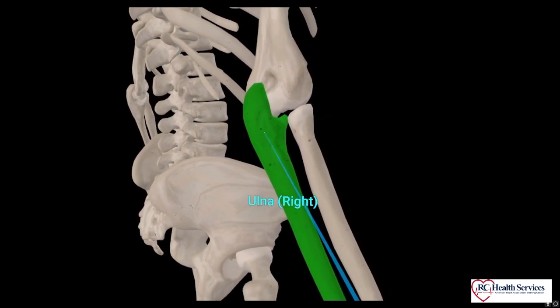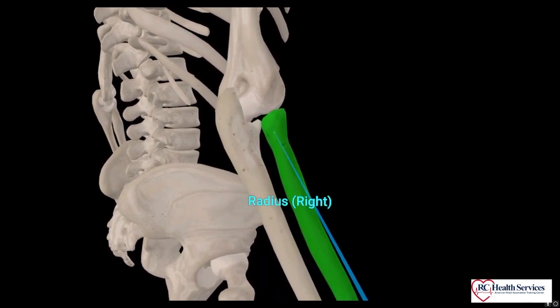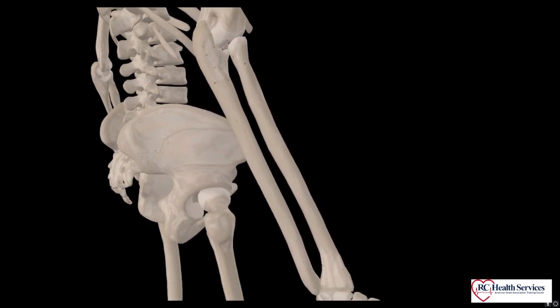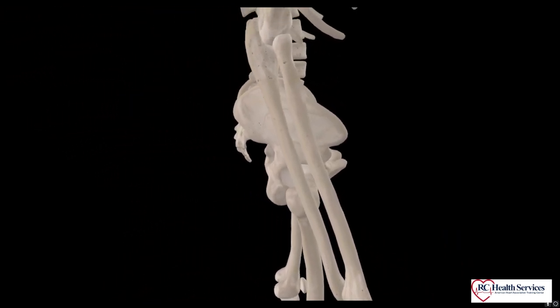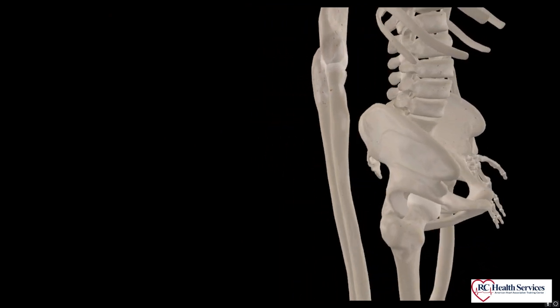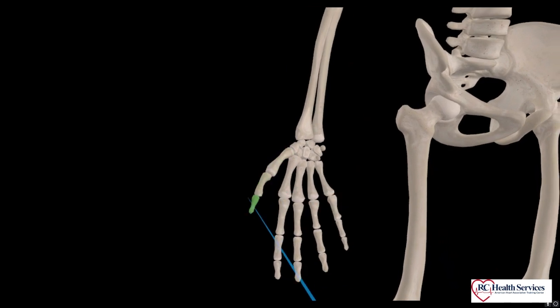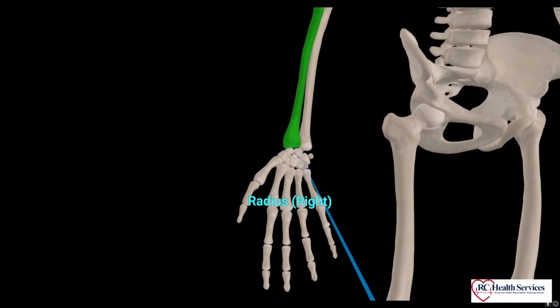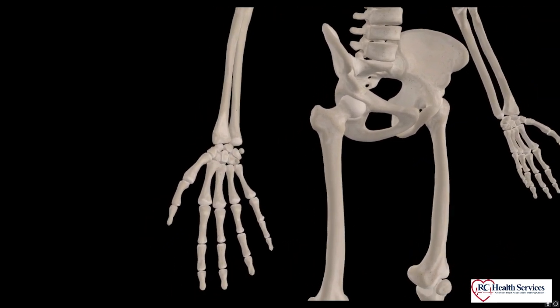Moving down, we have the ulna and the radius. One way that we can tell the difference is if you look at your hand flat, whatever side your thumb is on, that is going to be your radius. Because if you have your thumb outstretched, the thumb makes an R for radius. Attached to that are the carpal bones.